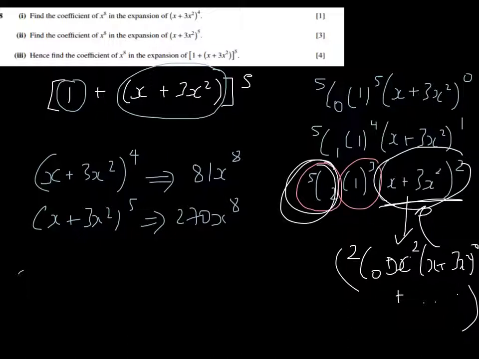So all I have to do is go back to this expansion and think, when would I get the power of 4 and the power of 5 in that expansion? And I get that right towards the end.